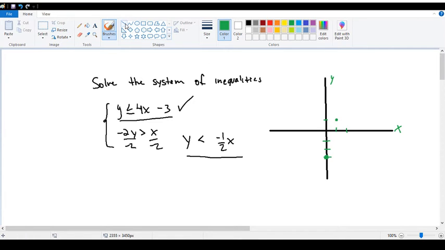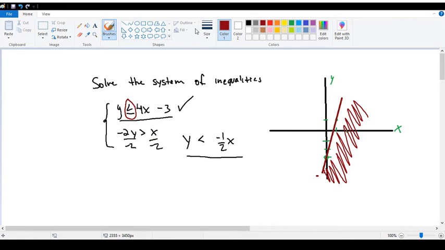So you have your first inequality here, and we know this inequality has to be a solid line. Why? Because it's equal to or less than. Remember, if it's less than, we have to shade below the line.